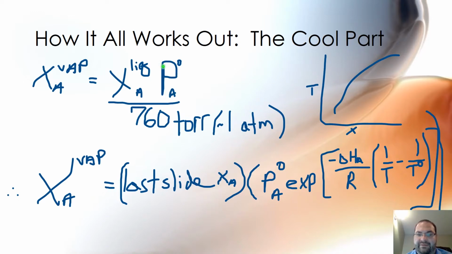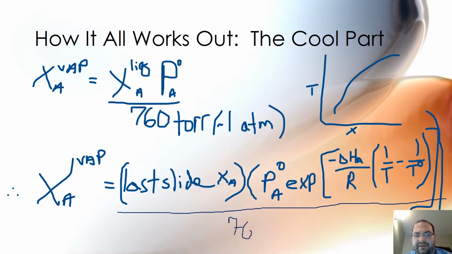And then the only thing missing from this is that we're going to have to divide that result by 760 torricellis, or 1 atmosphere, depending on what the pressure has been measured in your other calculations.